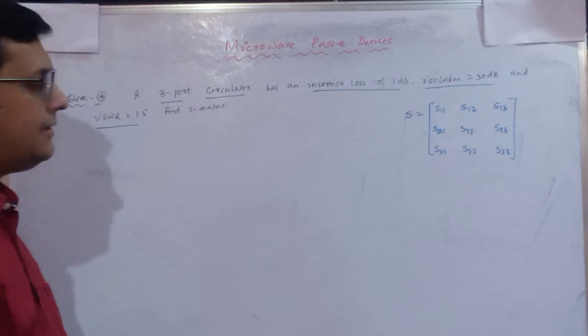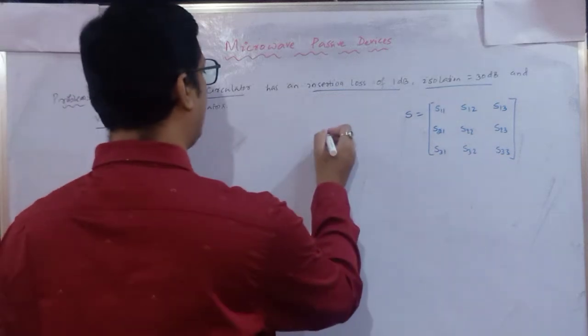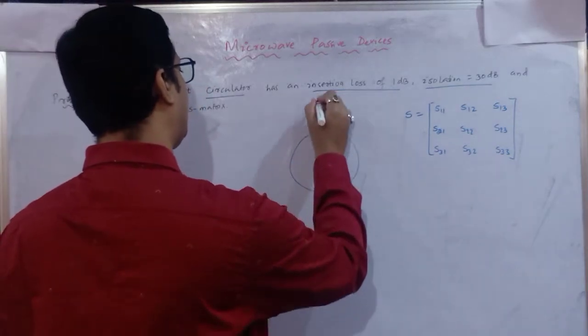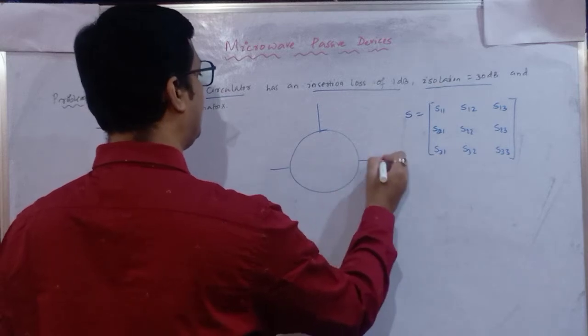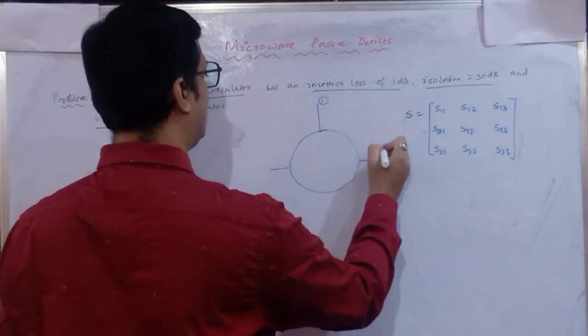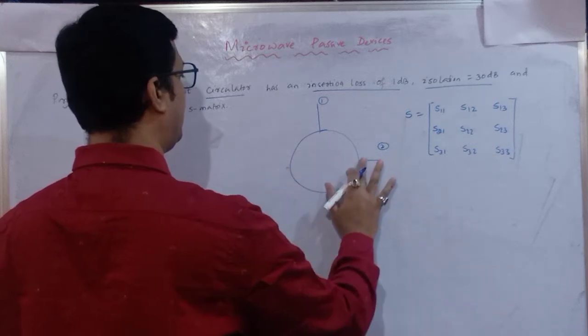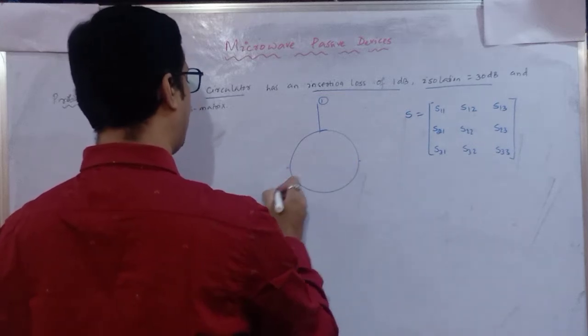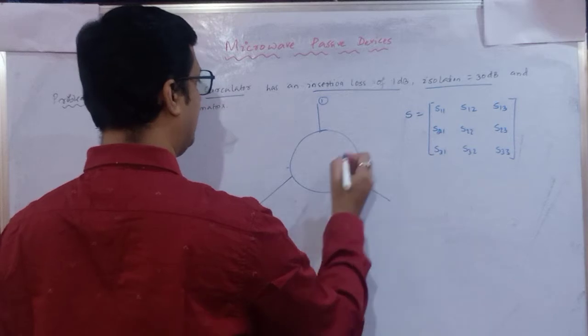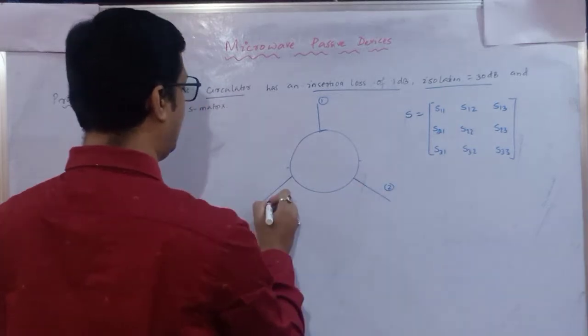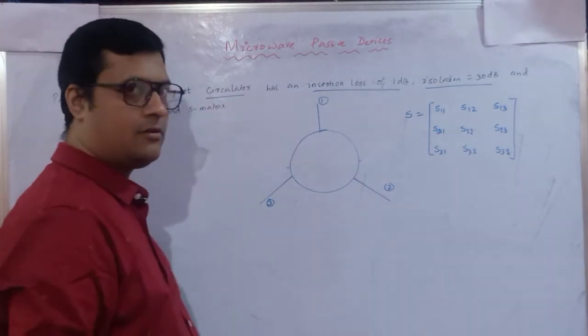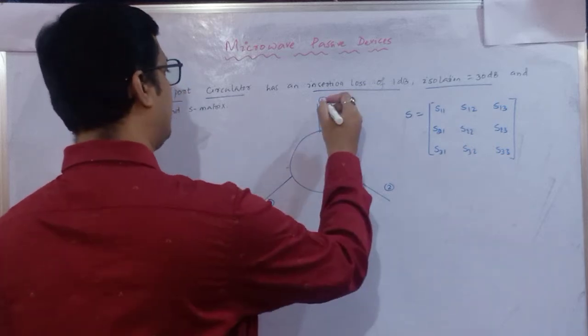Okay, and a 3-port circulator means, suppose this is my circulator and this is port 1, this is port 2 and this is port 3. Basically the angular separation is 120 degrees, so I will write like this. So what is the working principle of the circulator?